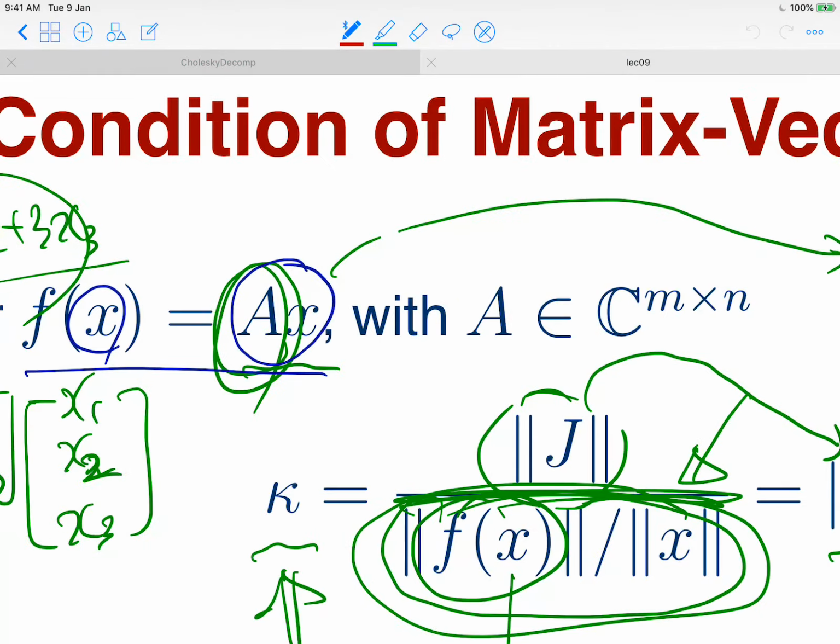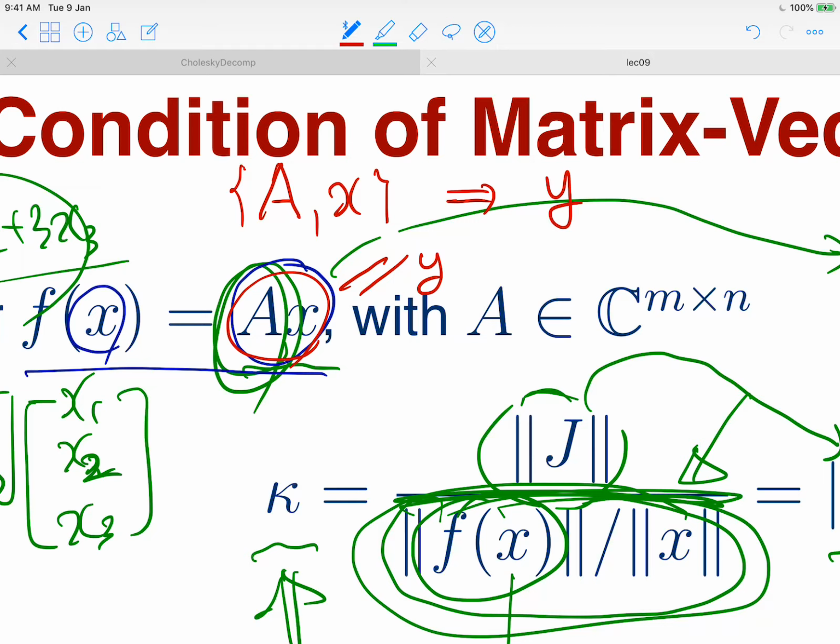Intuitively in this case, A and X were our input, and the resulting vector, which we denote as Y, is the output. Given these two different inputs that we have to give to perform this function, we consider the relative condition number with respect to this input and this output.